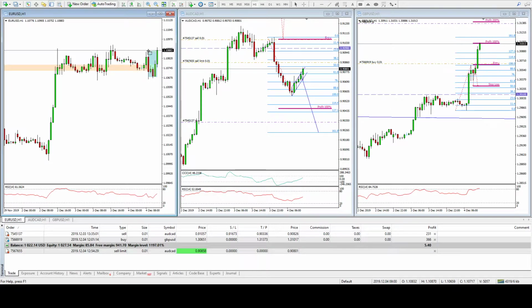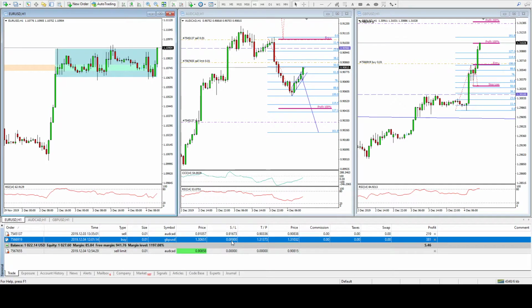Okay, so let me draw my consolidation. Okay, pound dollar is doing okay. I am about a 1-to-1 ratio, so my risk and reward is set.